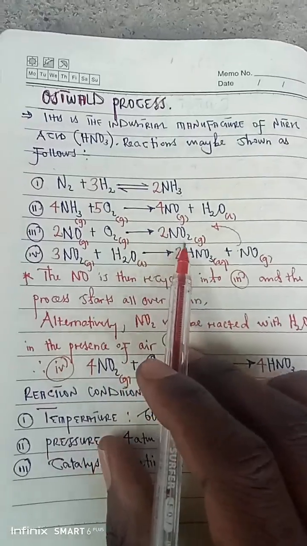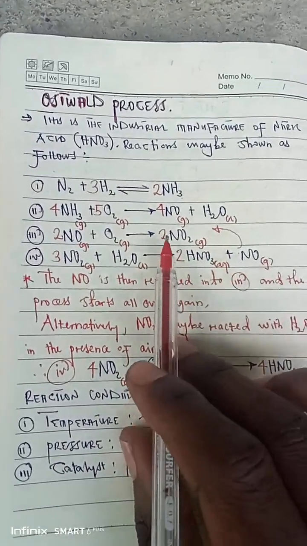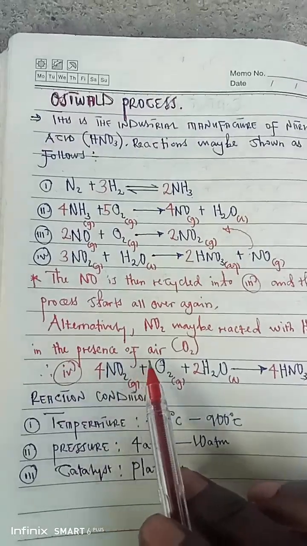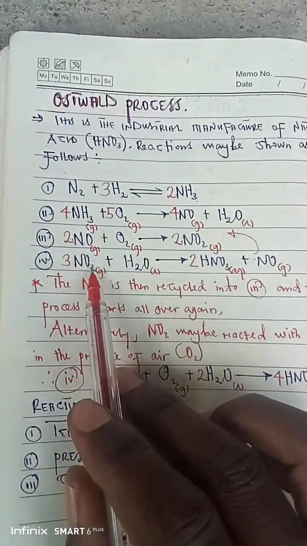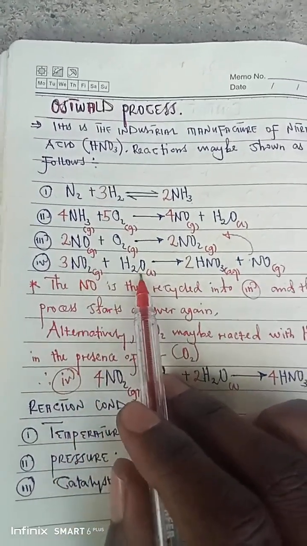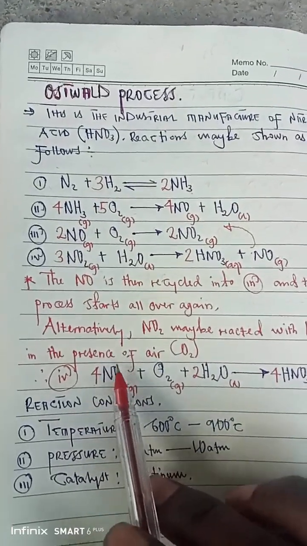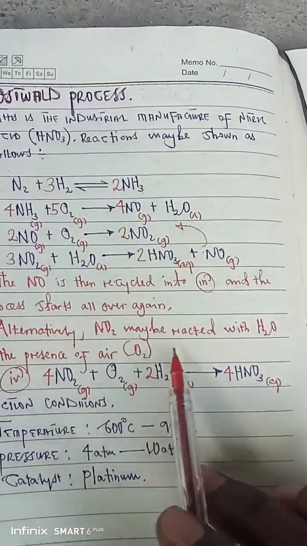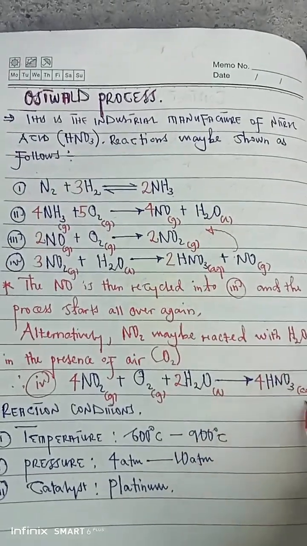But if you want nitric acid as the only product here, you can react the nitrogen dioxide with oxygen and with water. Here we only reacted nitrogen dioxide with water, but we can react the nitrogen dioxide with water in the presence of air, and once that happens, the only product is nitric acid.